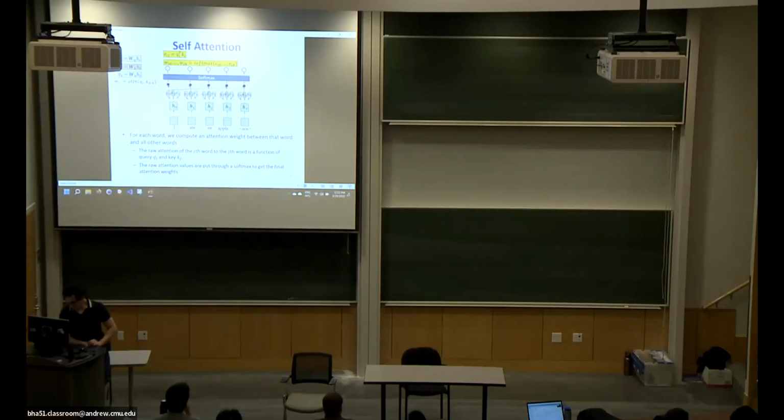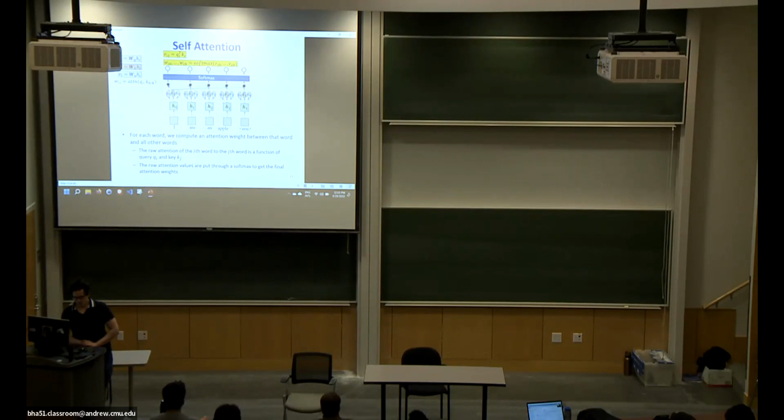And then for each word, you're gonna compute its contextual representation. That means you're gonna take its query and match it to the keys of all the words. And with that, you're gonna get a score. We're gonna call the score of J with respect to I, E_IJ, and it's equal to the query of I dot product the key of J.